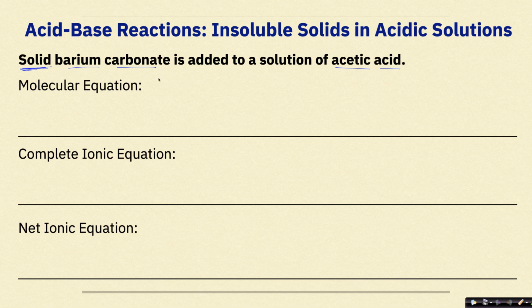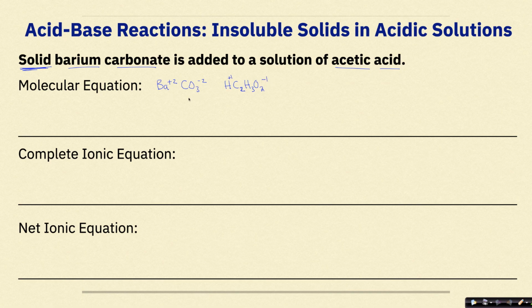So barium carbonate, barium is Ba plus 2, carbonate is CO3 minus 2. Acetic acid, we're going to write it in the inorganic way, so HC2H3O2. All right, so I have my 2 reactants, so it's H plus 1, C2H3O2 minus 1.